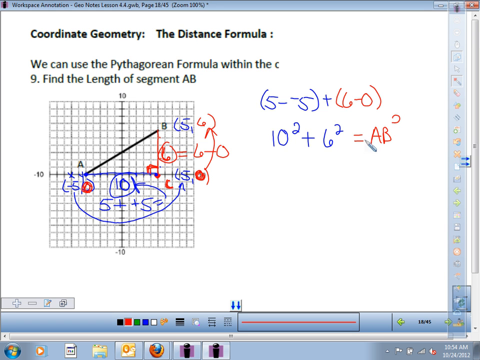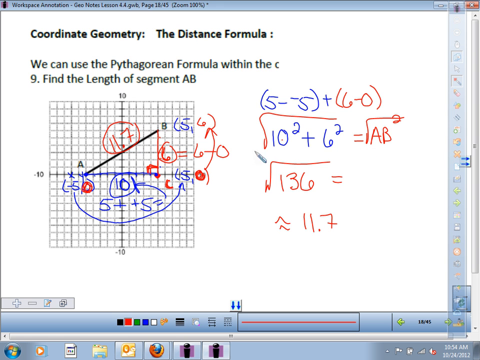Now we're going to square root it, so this is your answer: the square root of 136. If we take the square root of 136, we get 11.66, so approximately 11.7. So this guy right here has a distance of about 11.7.